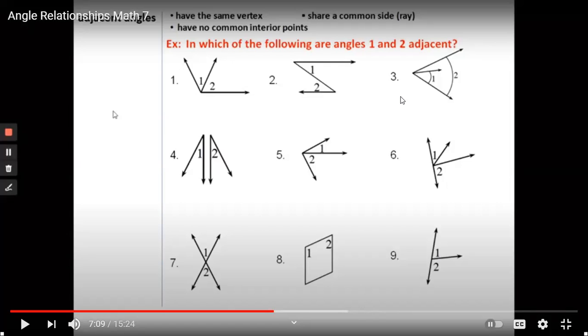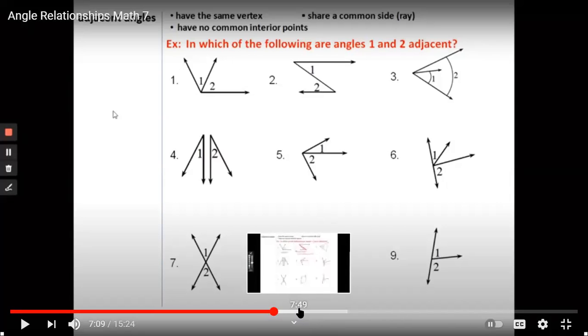Let me ask Jumana. Jumana, could you please give me an example of adjacent angles in this picture? Okay. Which numbers here are adjacent? Number 7.